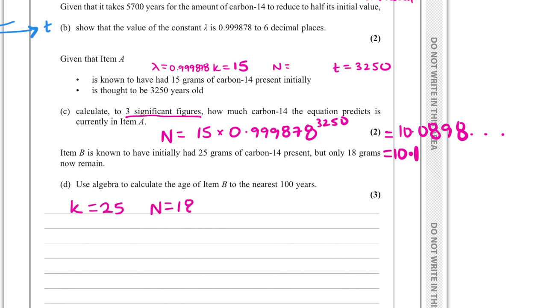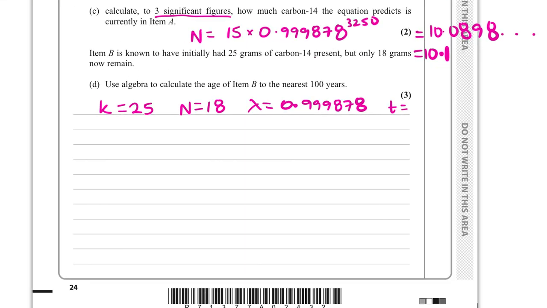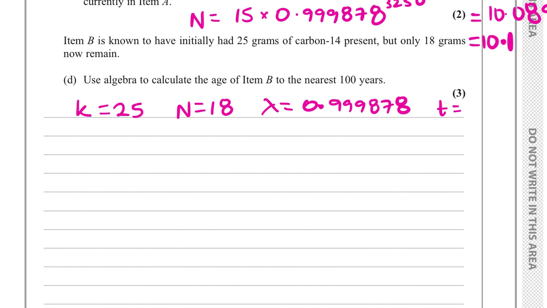N equals 18. We already know what lambda is. What do we need to work out? T to the nearest 100 years. Okay? So, what's the formula?